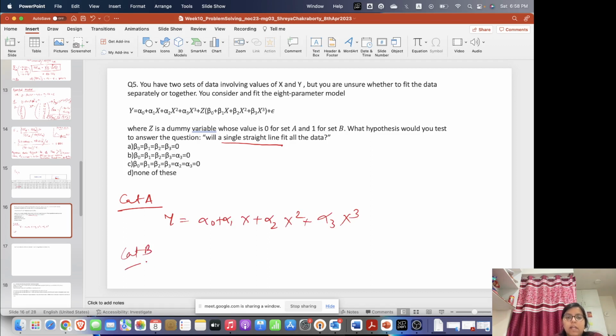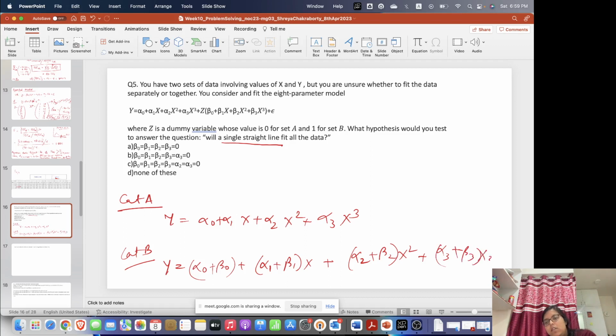For category B, y would be alpha naught plus beta naught, plus alpha 1 plus beta 1 x, plus alpha 2 plus beta 2 x square, plus alpha 3 plus beta 3 x cube. So what do you think should be the answer?